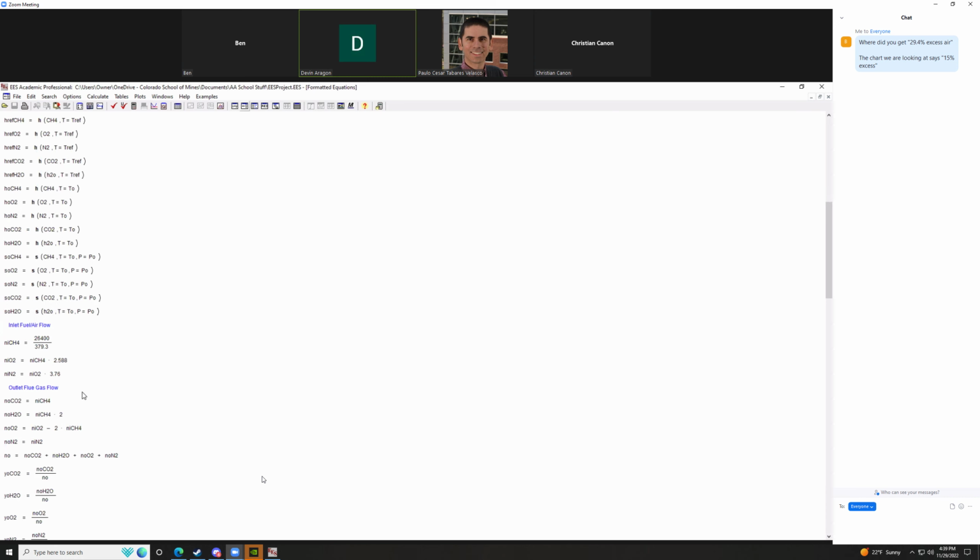I'm thinking it's in these values right here. No, because this is for water vapor. I'm thinking for steam. Yeah, I'm not seeing that one, Devin, on my screen. I'm not sure if we made that distinction between the water vapor and the steam.